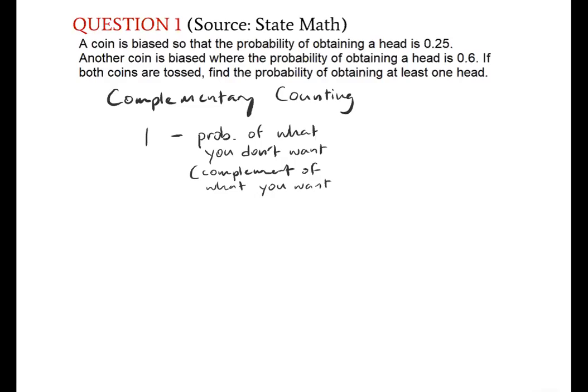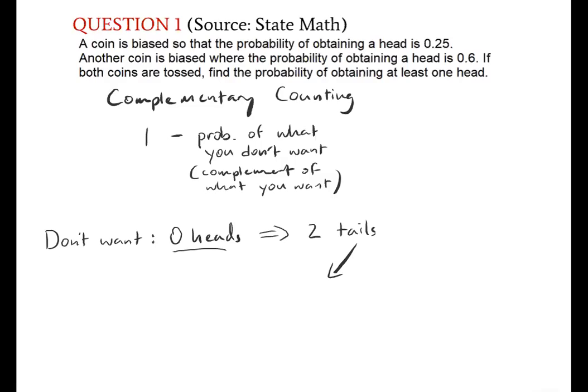So in this case, the probability of what we don't want, well, we don't want to obtain 2 tails. Wait, no. What we don't want is to obtain 2 heads. And this is the same as flipping 2 tails.